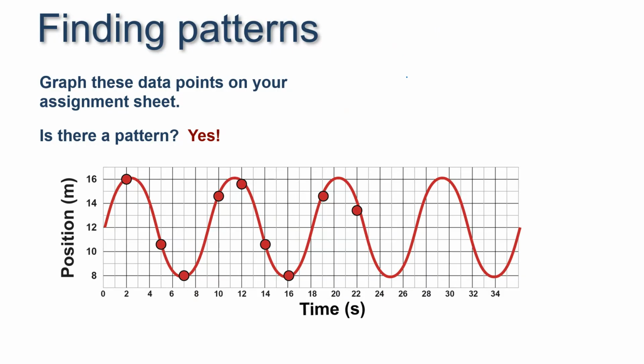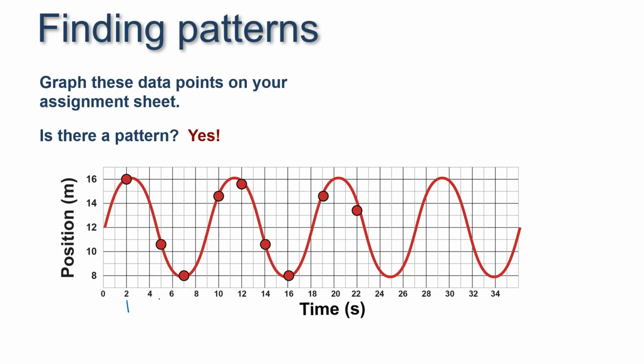Now, if I collected the data and it looked like that, and I couldn't obviously see the pattern, what could I do differently? What would make it easier for me to determine the pattern? Anybody have any guesses? Well, I notice that I'm taking a snapshot like every 2 seconds.